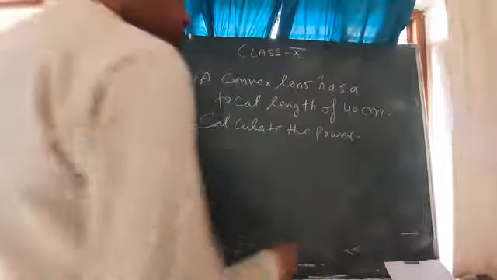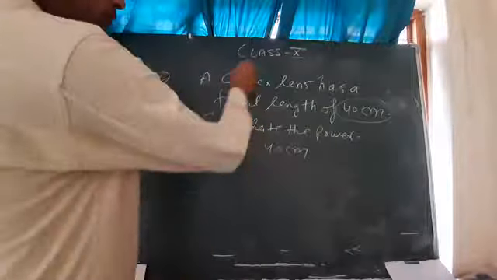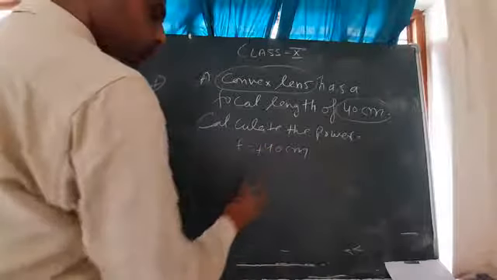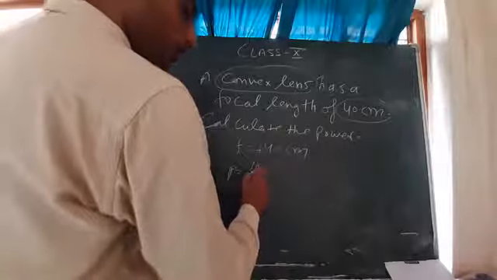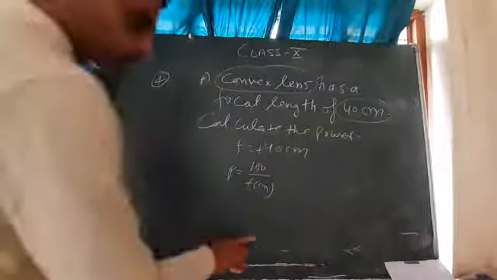So in this question, focal length is given as 40 centimeter. It means F equal to 40 centimeter. And it is given that this is a convex lens, so positive. As you know, P equal to 100 upon F, if F in centimeter.